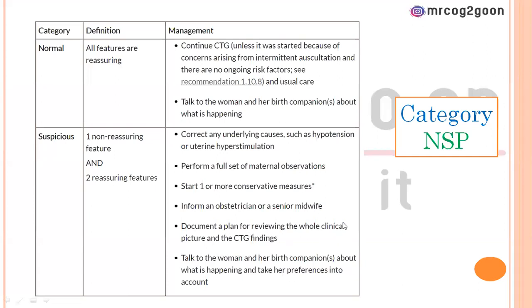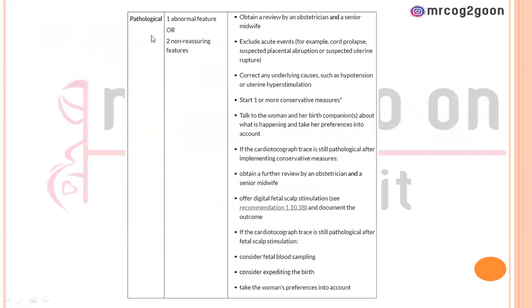Document a plan for reviewing the whole clinical picture and the CTG finding. Talk to the woman and her birth companion. Always keep communicating with your patient.